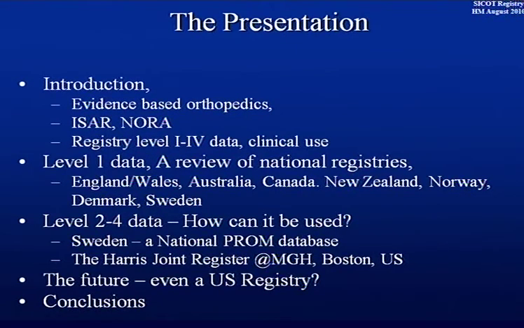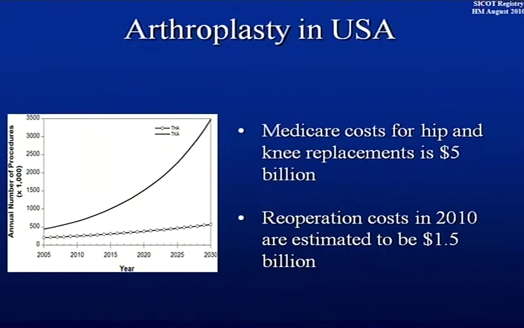How can that be used? I will take what Hierarchical has done in Sweden, the PROM database, and how that can be used, and I will end up with an award paper that we got out of the Harris Joint Registry from Massachusetts General Hospital. And finally, some remarks of the registry in US that now seems to be starting.